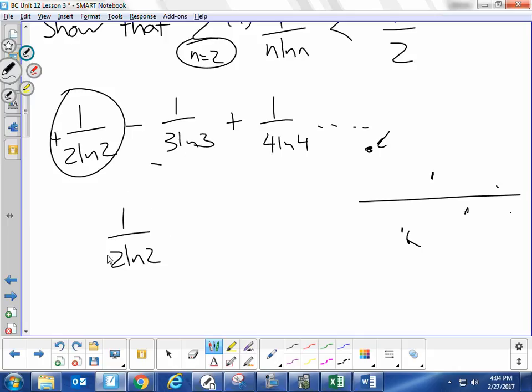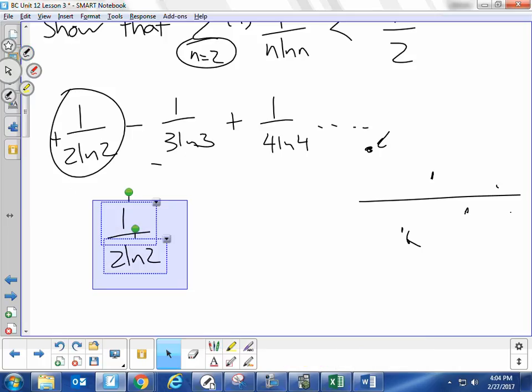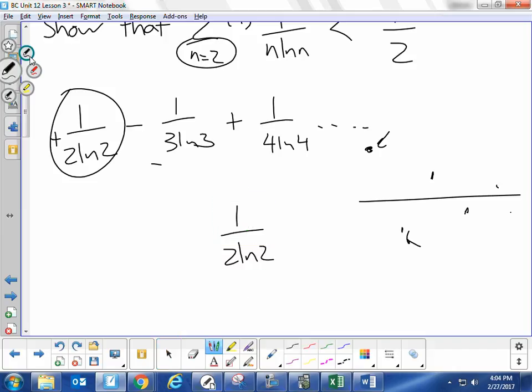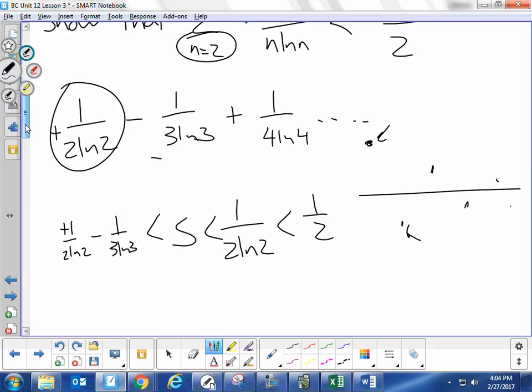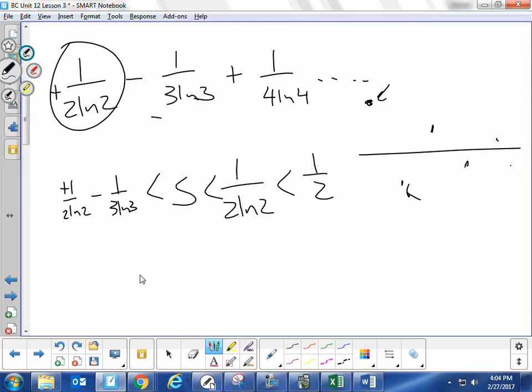So I know this is an upper bound. Immediately I know that 1 over 2 log 2 is less than 1/2, and I know the sum must be less than that. And I know the sum will have to be greater than 1 over 2 log 2 minus 1 over 3 log 3. Or we could say that the remainder, the difference between this term and the sum, is less than this.